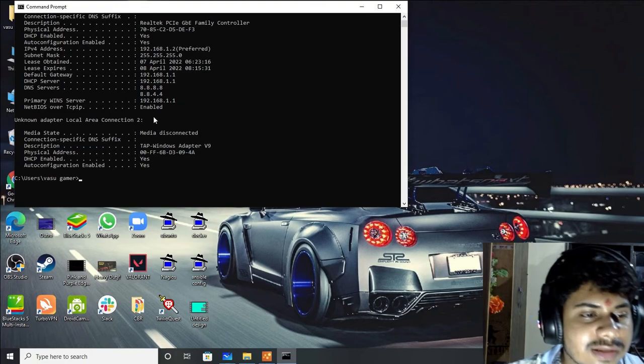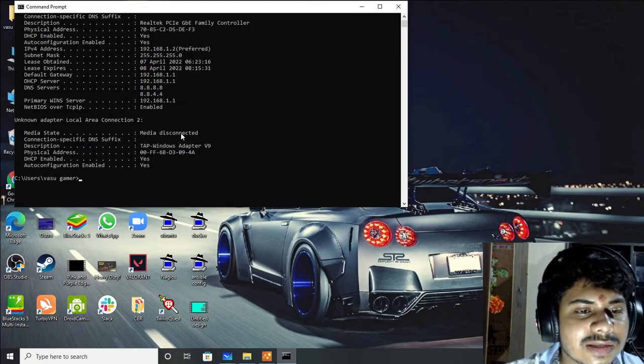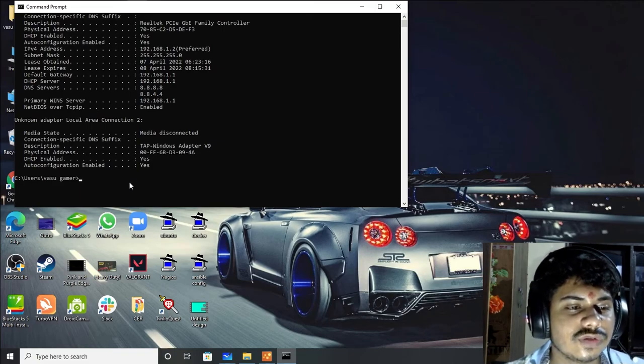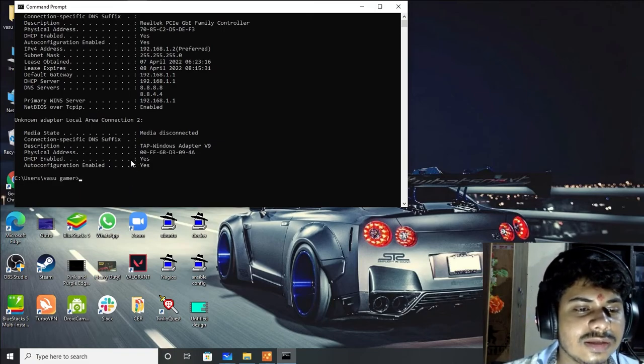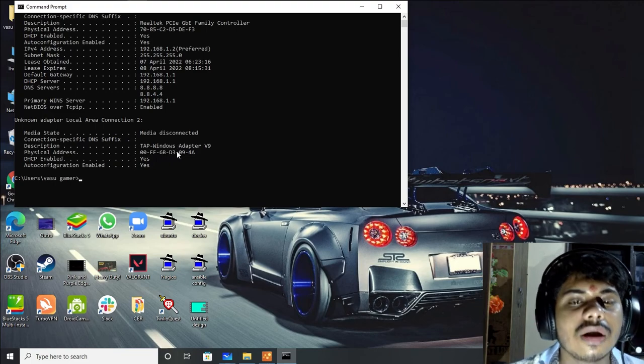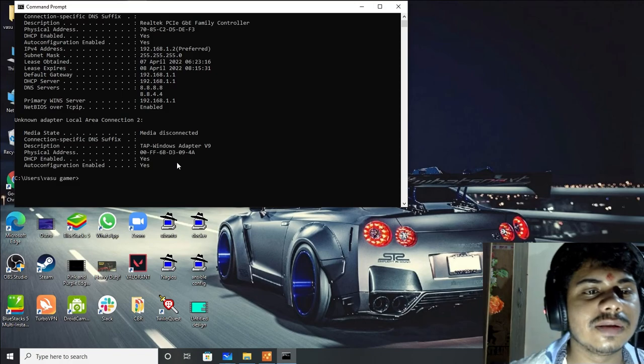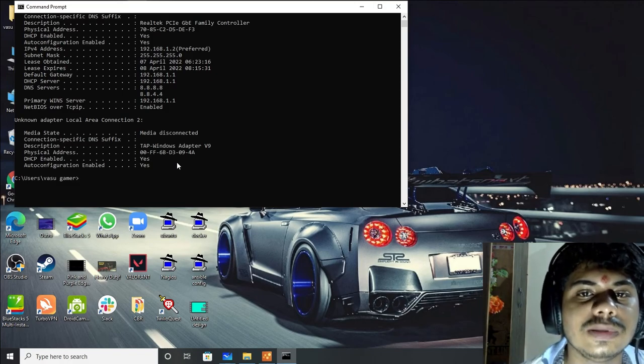I don't know what that is, but it is disconnected. I think it is Wi-Fi. So just try it on your PC as well. What is the MAC address of your PC, of your laptop?